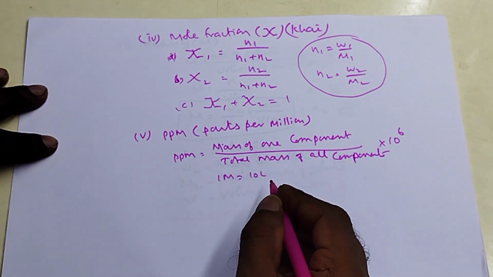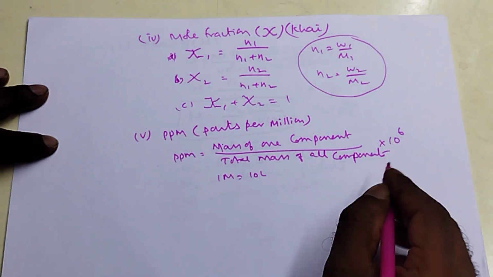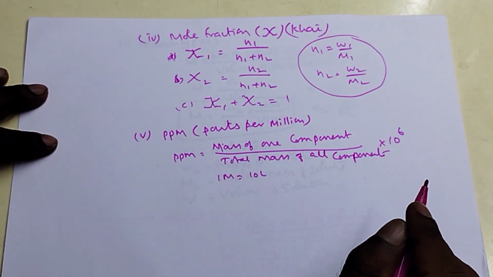For 1 lakh it is 5 zeros, and 10 lakhs has 6 zeros. So 10 to the power of 6. This is the formula for calculating parts per million problems.